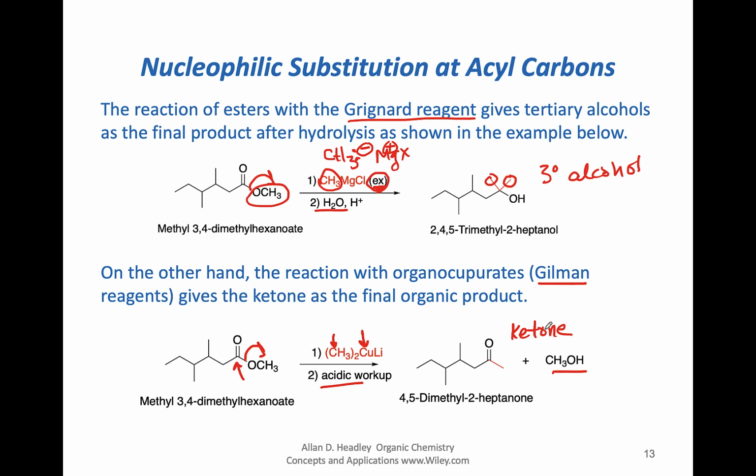So here you have a strategy to go from an ester to a ketone, or you can go from an ester to a tertiary alcohol with two groups here that are the same and coming from our Grignard reagent.